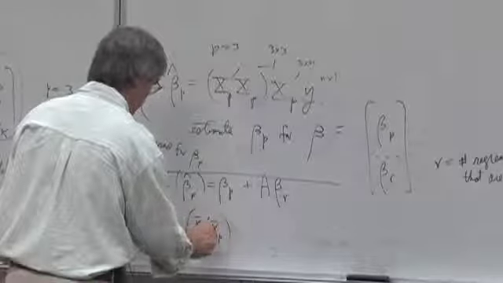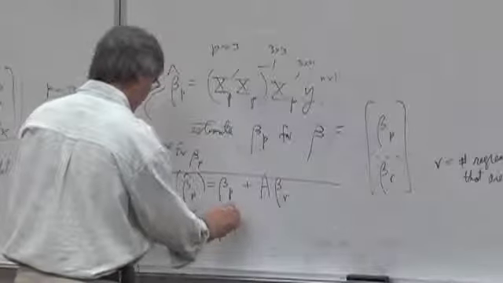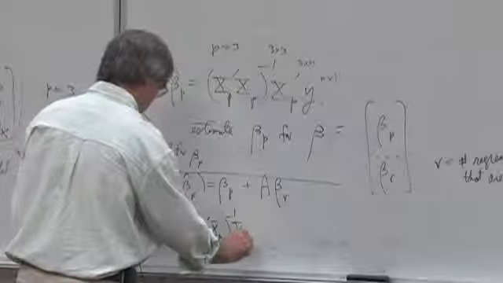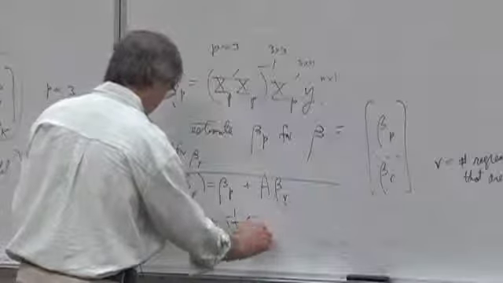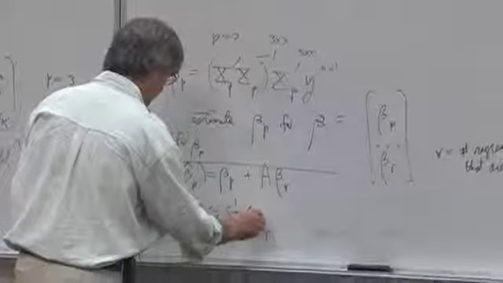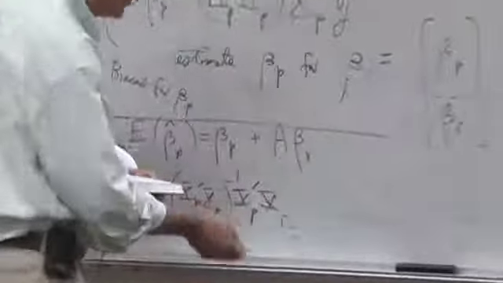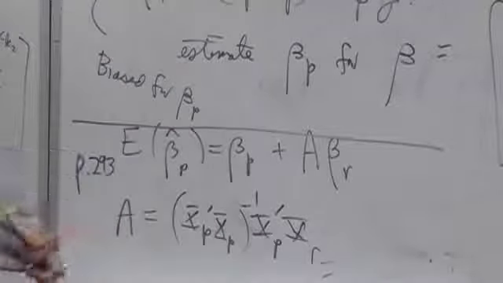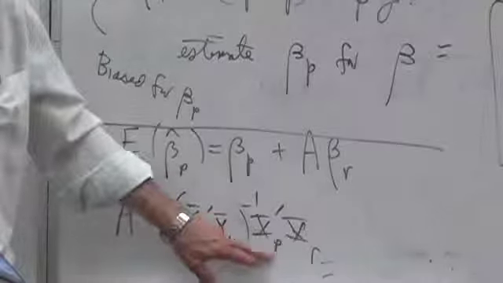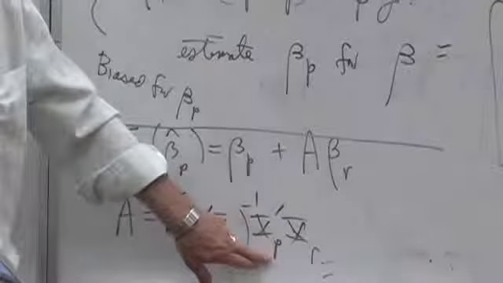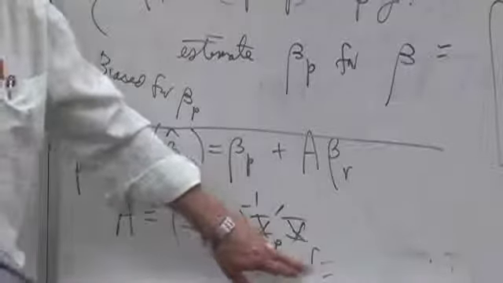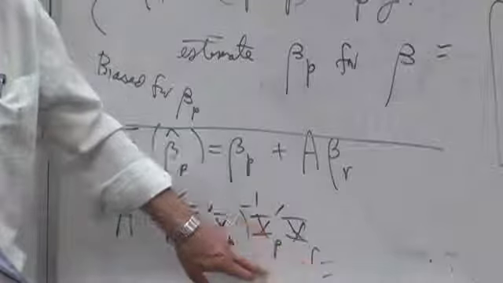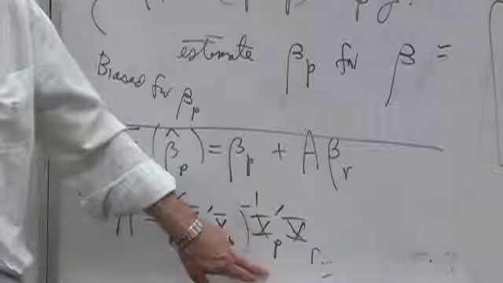So this is the general solution to that problem I referred to a moment ago. Times X_P prime X_R, where X_R is the R columns of X corresponding to the P-R decomposition of the X matrix. Remember, this P involves the intercept. And this R is just regressors removed, so P plus R really is K plus 1.